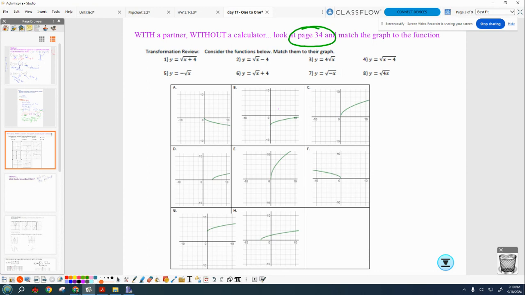I think 3 is E. Yes. And then C is A. Oh, okay. Oh, good job.